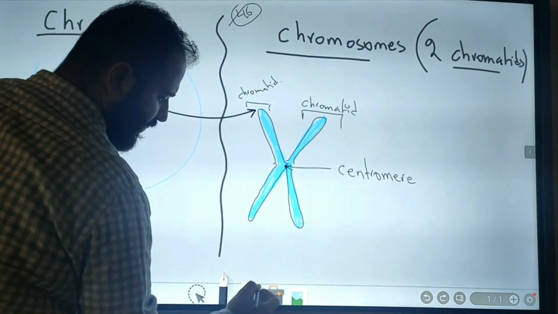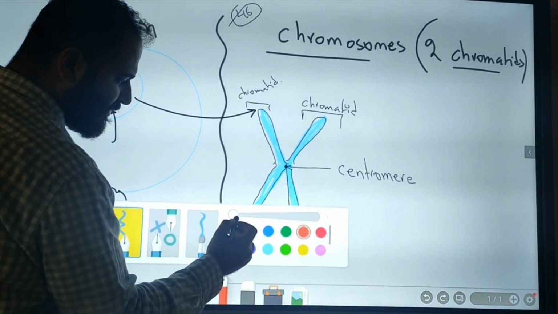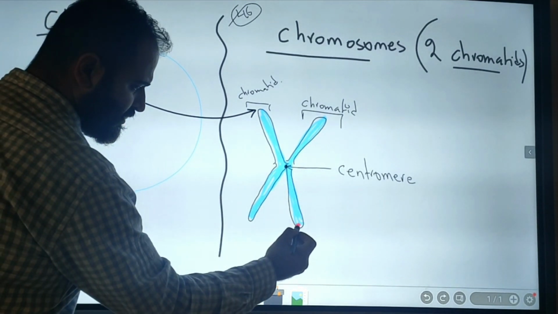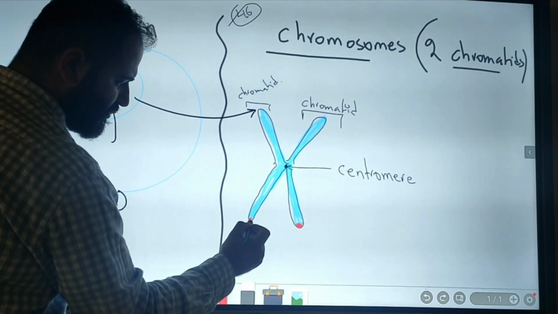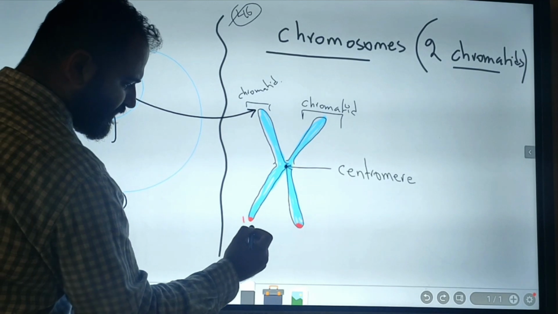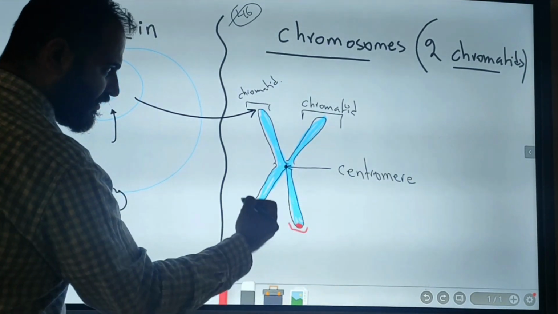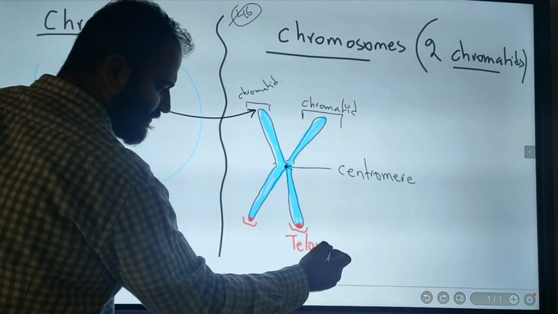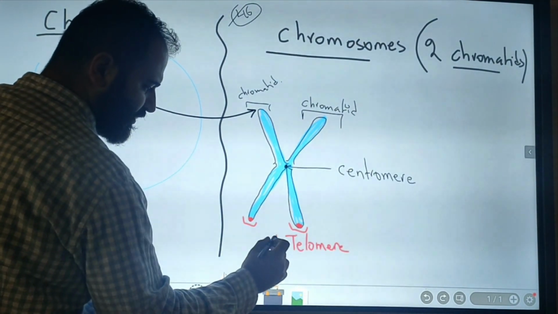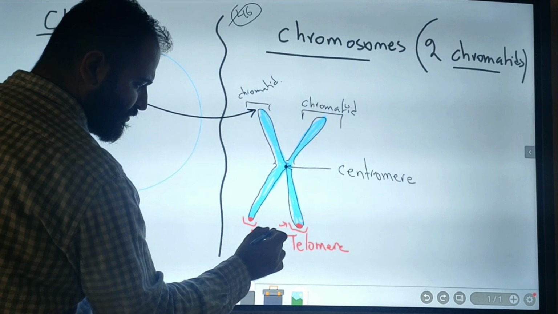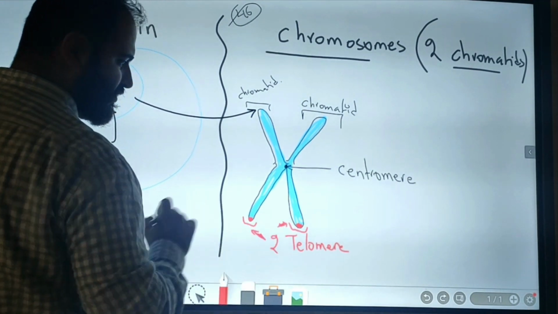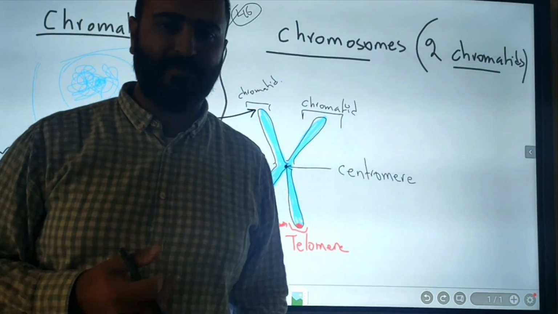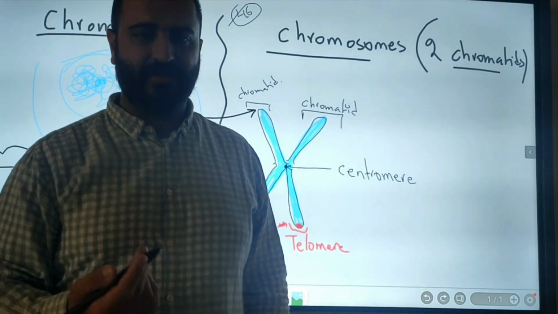And these two parts, I'm going to label them in red. These, at the edge of each chromatid, are called telomeres. So there are two telomeres that protect the ends of each chromosome. This is a chromosome, and chromosomes are visible in cells that are dividing.